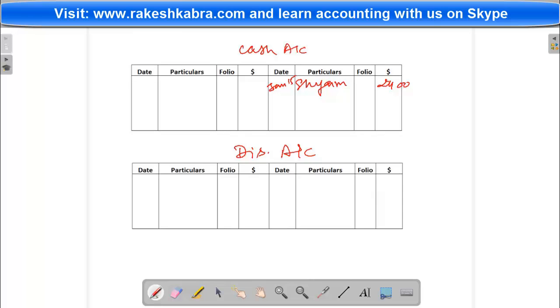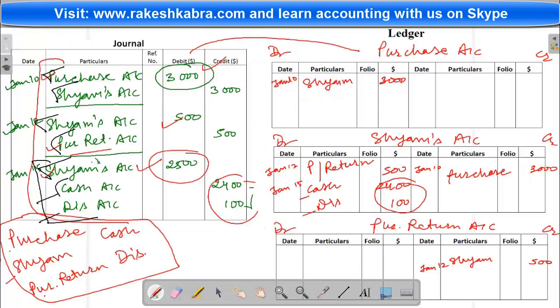First I will write $100, then I will put the date, January 15, and the opposite account is Shyam, isn't it? So I will write the name of the opposite account. So this is the posting in the discount account. Tell me, understood or not?